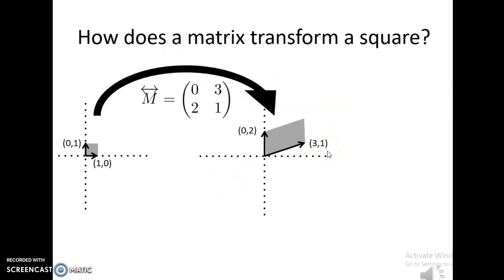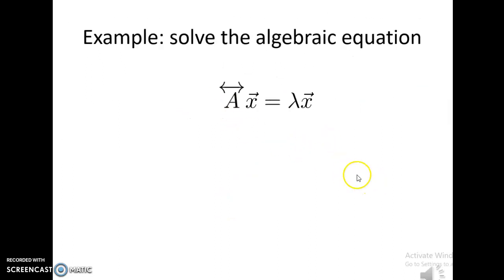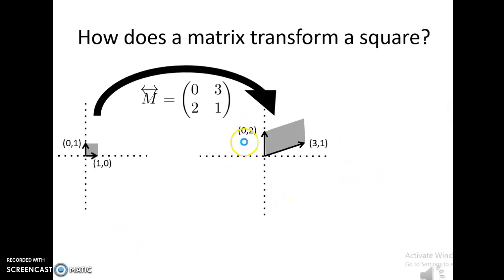Next, 0, 2. This 0, 2. This 3, 1 here. Up to 3, this one. 1 here.